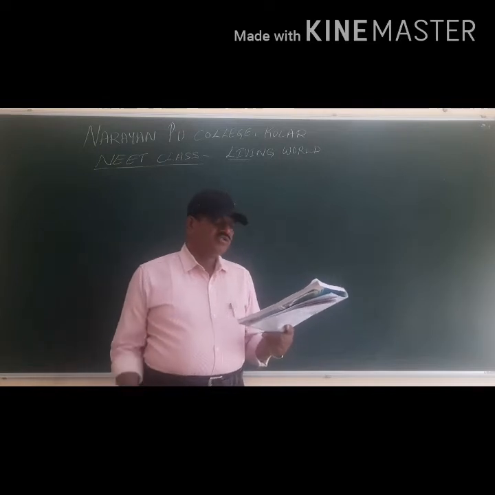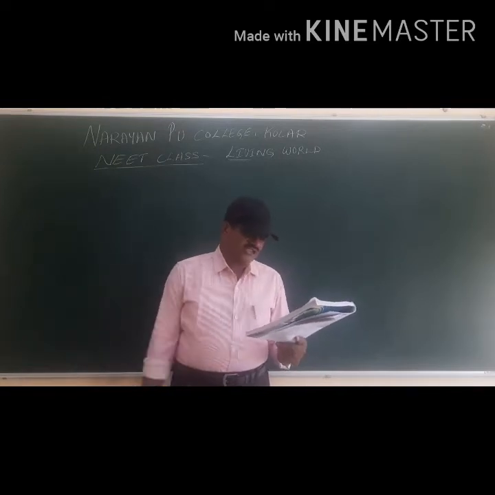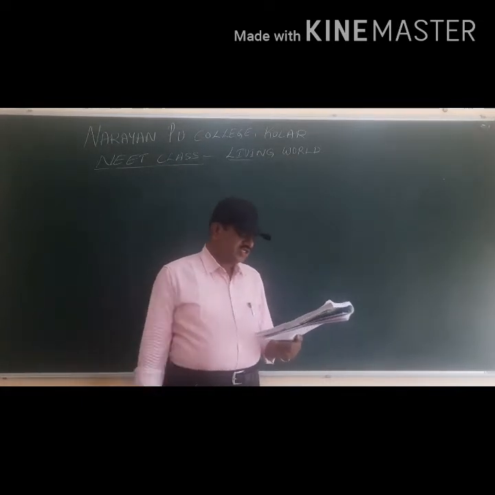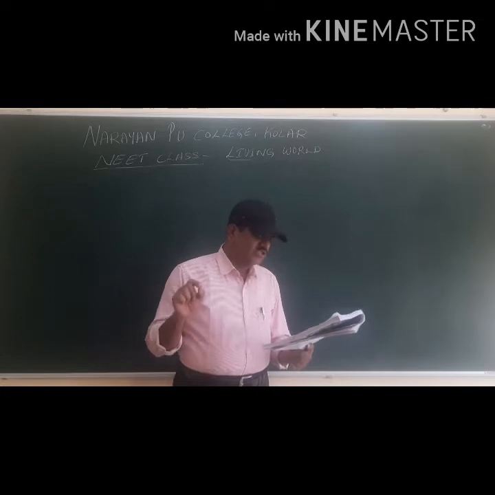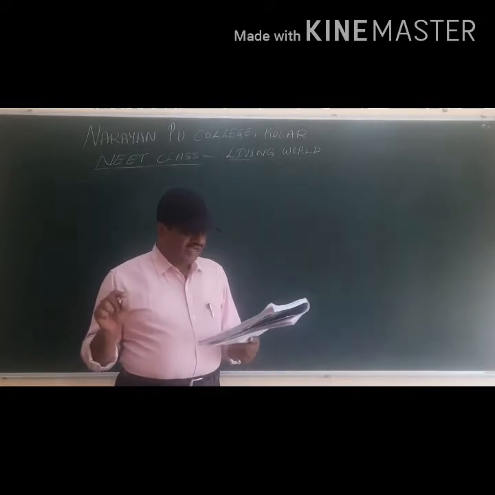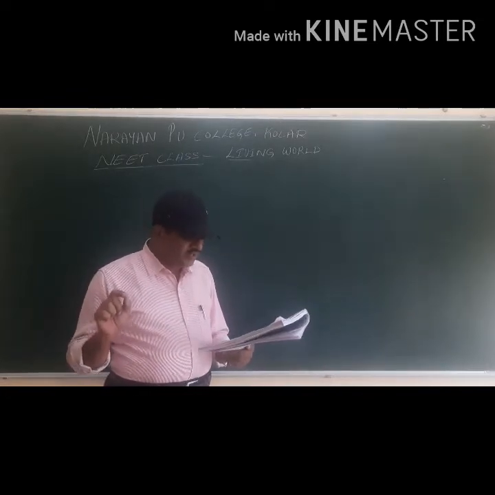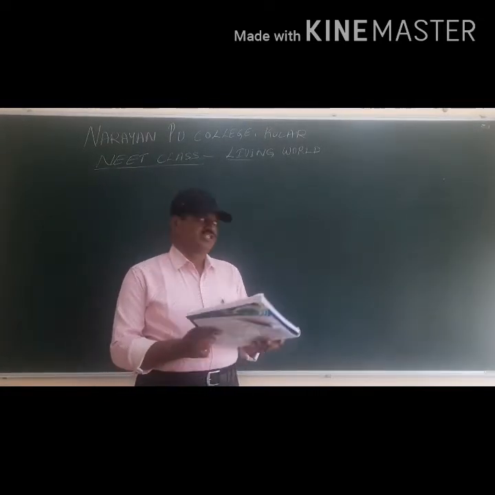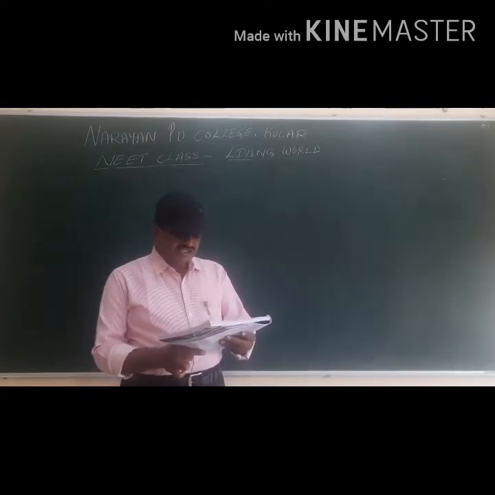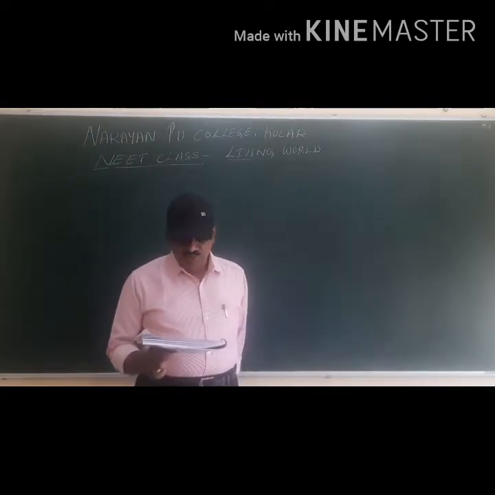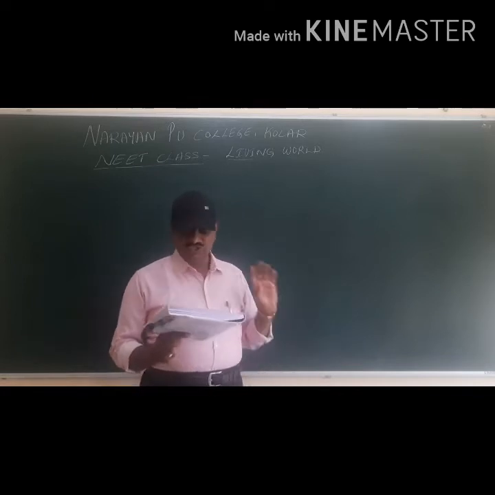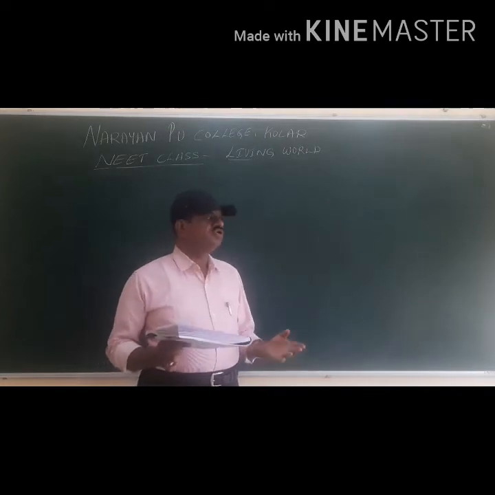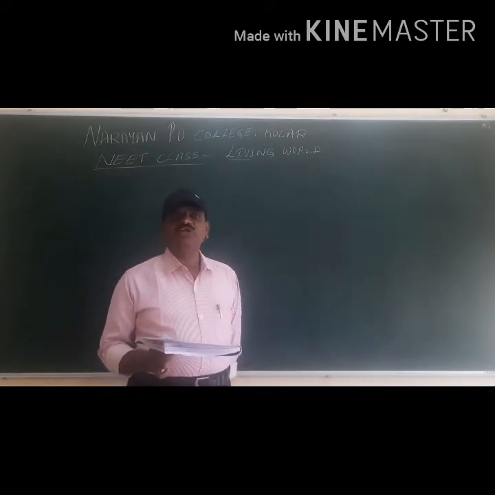Seventh question. Growth and reproduction are mutually exclusive events. Here, growth as well as reproduction are called mutually exclusive events. First option, majority of the higher plants. In higher plants and higher animals, growth and reproduction are not the same, because growth undergoes mitotic divisions and reproduction undergoes meiosis.